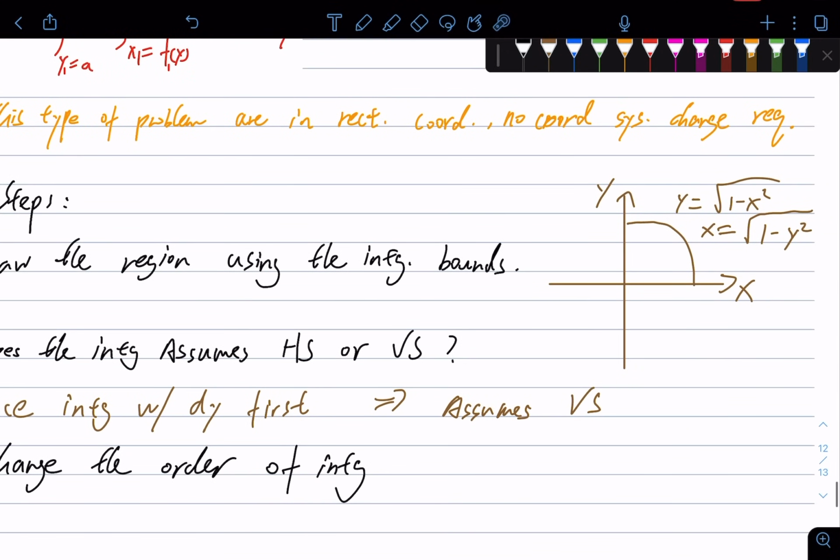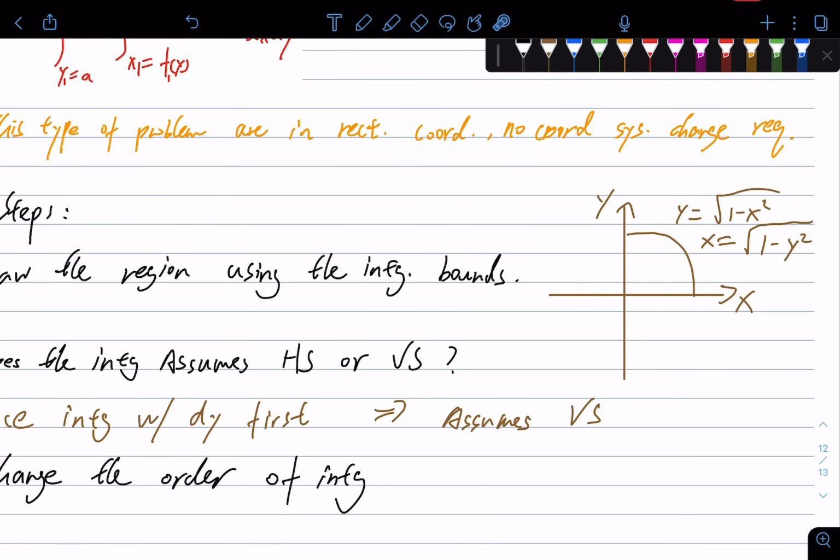And then let's take a look at the horizontally simple region. Horizontally simple, we're integrating from the left to the right. If we examine the left bound, it's just a constant, just a number. That number on the x-axis is 0. So we have x1 equals 0, and x2 equals the square root of 1 minus y squared.